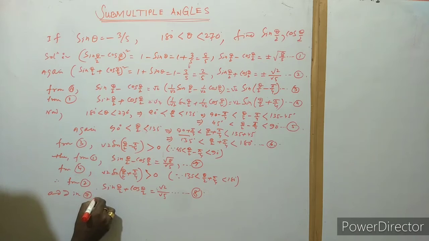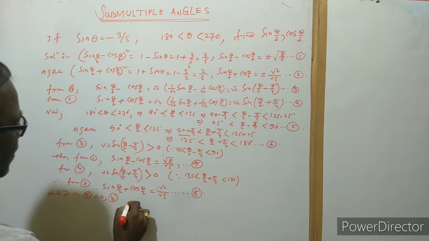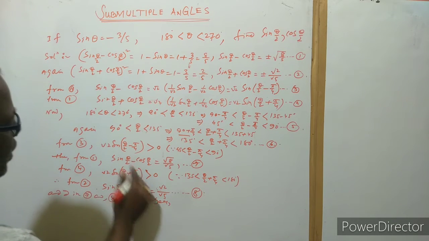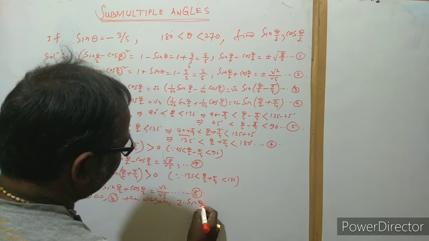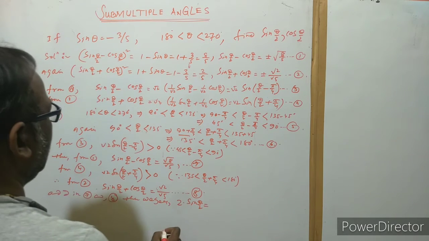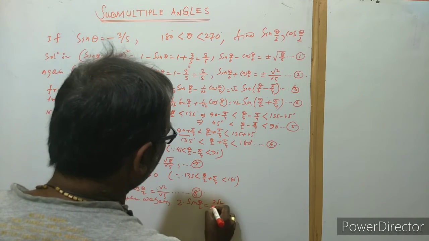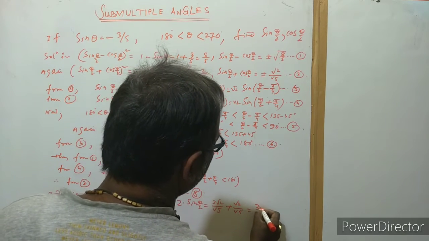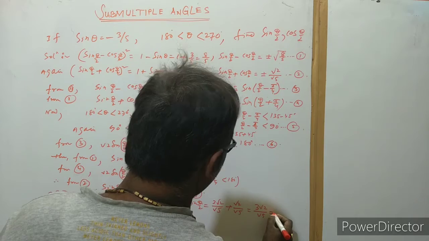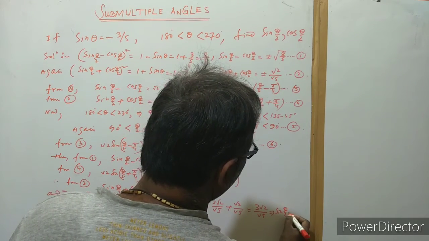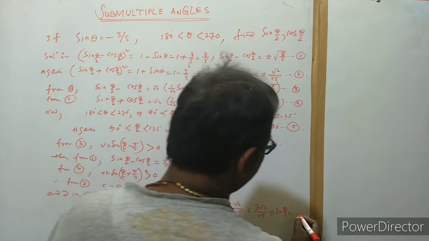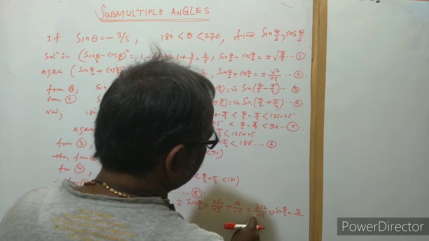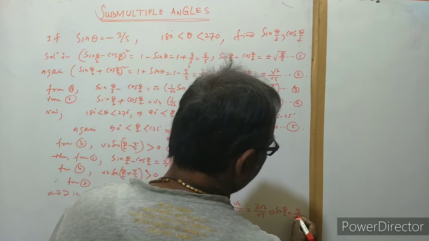Adding 7 and 8, we get 2 sin theta by 2 is equal to 2 root 2 by root 5 and root 2 by root 5 here. So this is 3 root 2 by root 5, which implies that sin theta by 2 is equal to, divided by 2 here, 3 by root 2. Here is 2, then these two are cancelled, root 2, this is root 10 here.